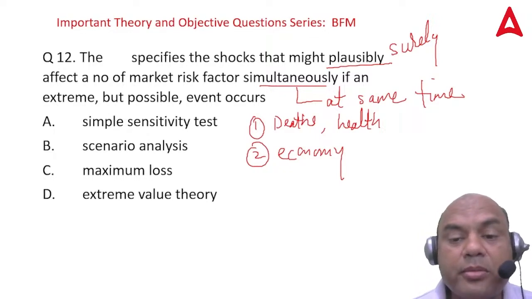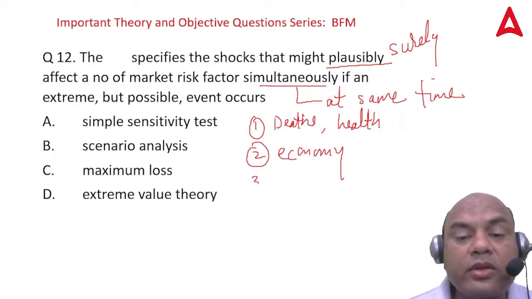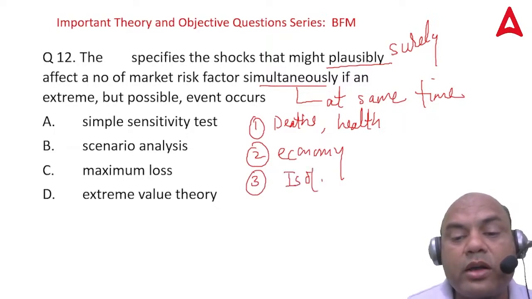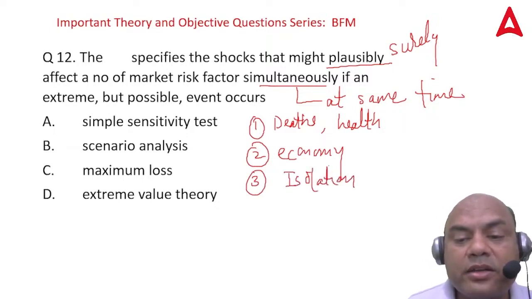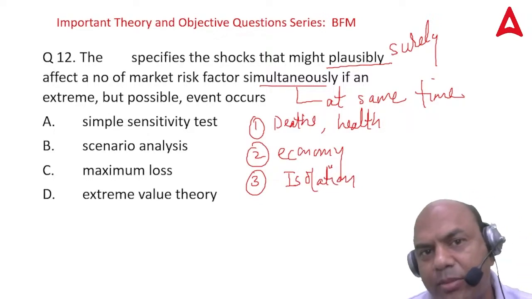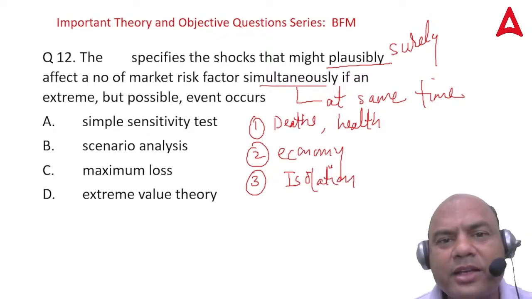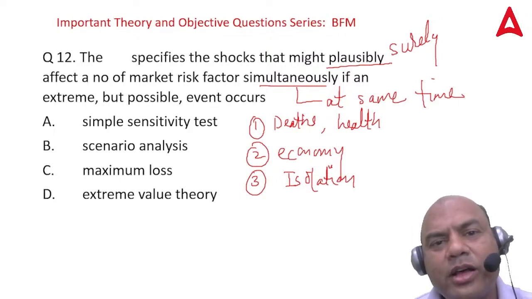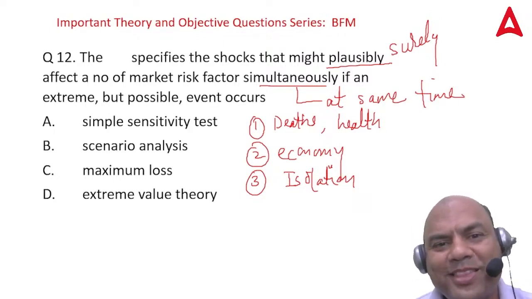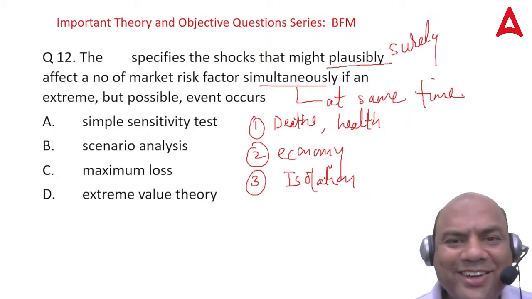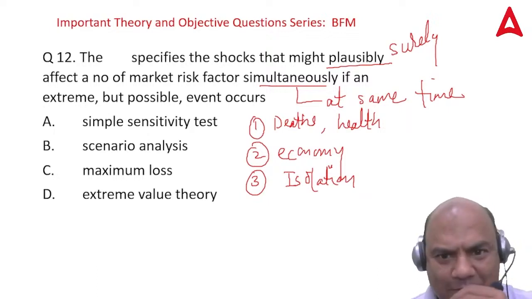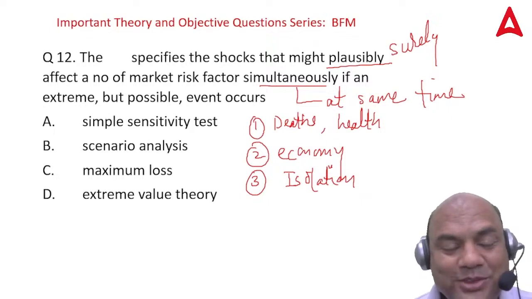So, economic problem. Then third, isolation at home. Everyone had to sit at home, no work. Except the bankers, right? Bankers had to work at that time also. Bankers are the Amar, Ashwathama, don't you think so? So bankers were working at that time also.